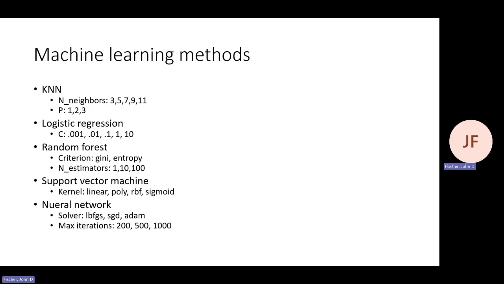Like below KNN, for n neighbors, I tested 3, 5, 7, 9, and 11 neighbors. And then for the p hyperparameter, I tested 1, 2, and 3. So every combination of hyperparameters I tested.